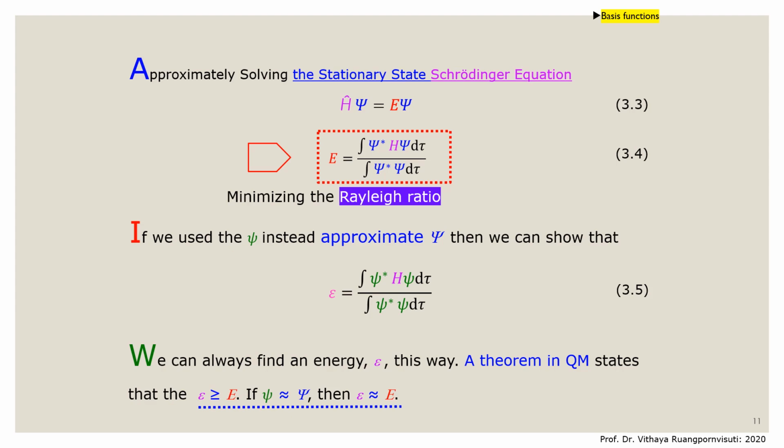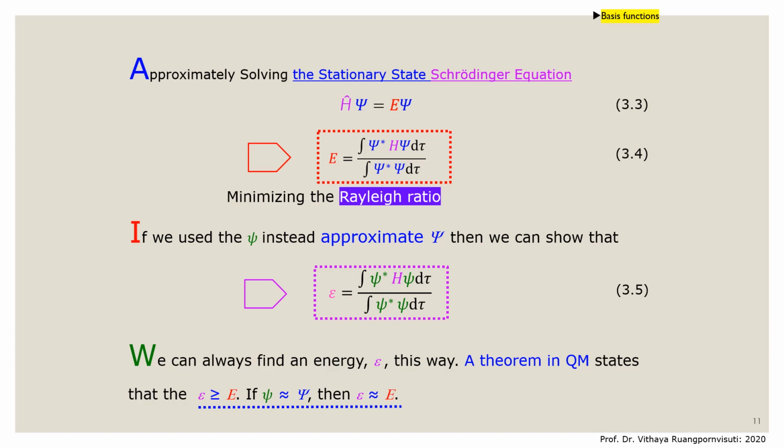However, if we use the small psi wave function instead of the approximate capital psi, then we can show that the optimized energy, small e, is equal to the integral of small psi star H psi over all space, divided by the integral of small psi star times psi, as shown in equation 3.5.